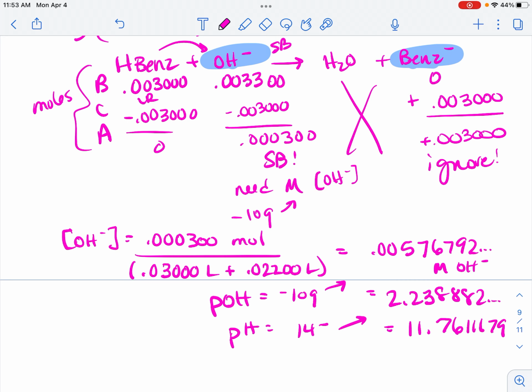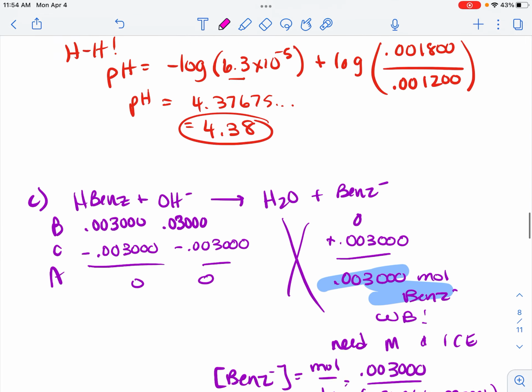And I have how many significant figures? I think I have 3 significant figures for my number of moles that are left. So this will be 11.761 as my pH at this point.